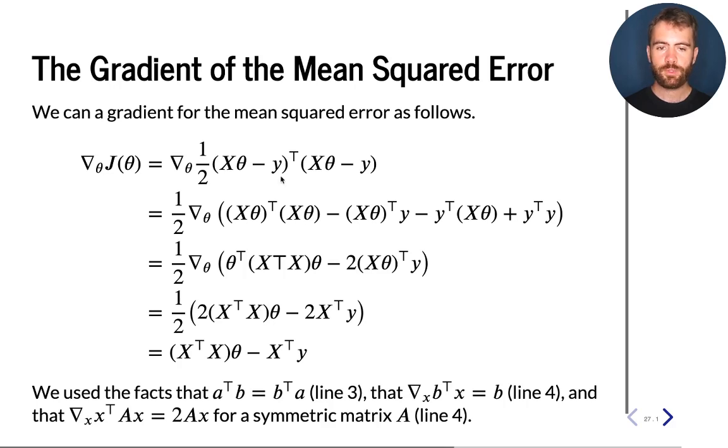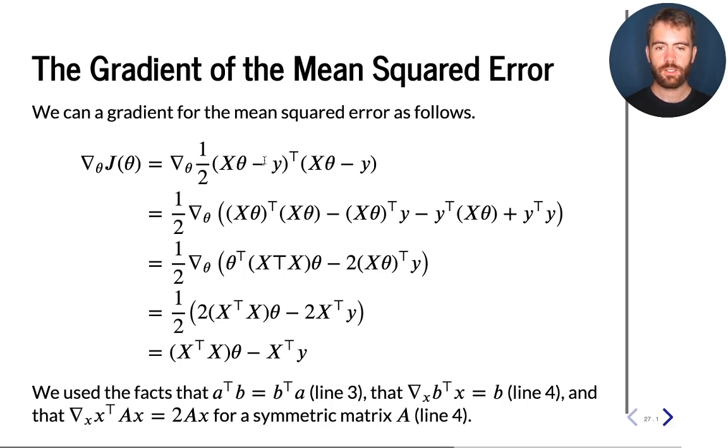Now, recall that our mean squared error objective has the following form, and we are interested in computing the gradient of this expression. Again, this will be the gradient of the entire mean squared error for the entire data set. In these few lines, we do a few simple algebraic derivations. In the first line, we are simply multiplying each term on this side with each term on this side.